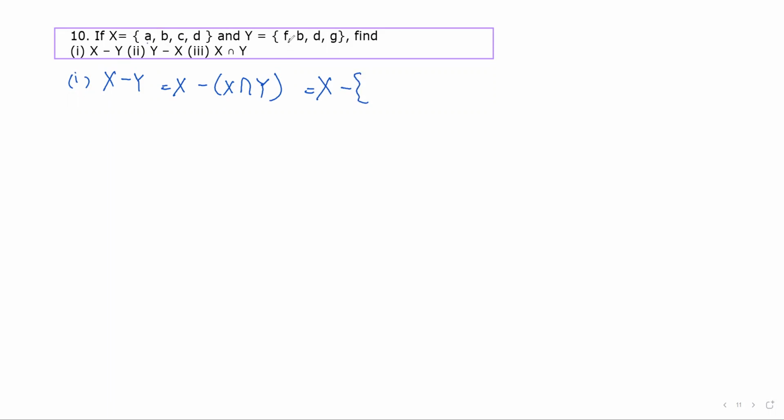Let's consider Y. F is not present, B is present, D is present, G is not present. So B and D are common.